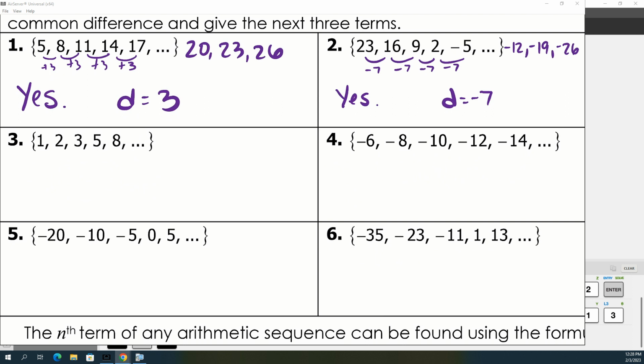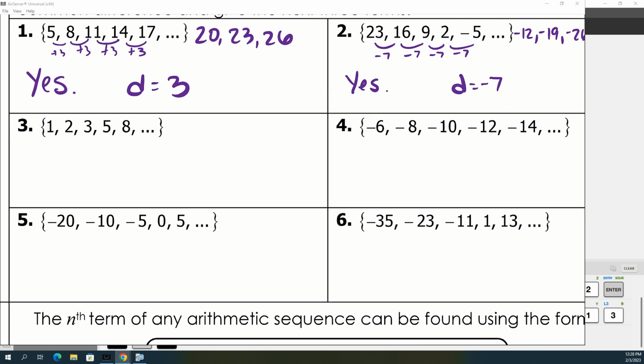All right, let's look at number 3. Yeah, this one's gonna be no. So we go up by 1, and then up by 1 again, but then we go up by 2. So as soon as you see that it doesn't work, you're just gonna say no, and then you're done. You don't have to keep going.